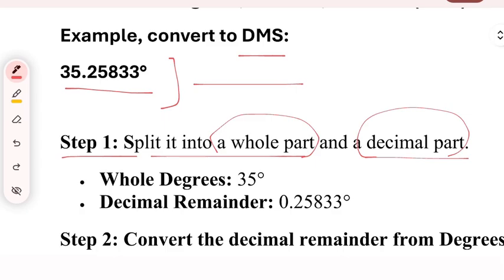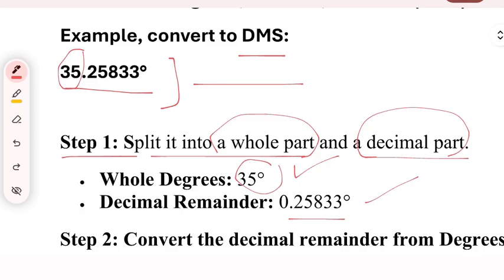So 35 degrees is the whole part. The second part is the fractional one, or the remainder degree, and the remainder is 0.25833 degrees. So the whole is 35 degrees, and the fractional part is 0.25833 degrees.